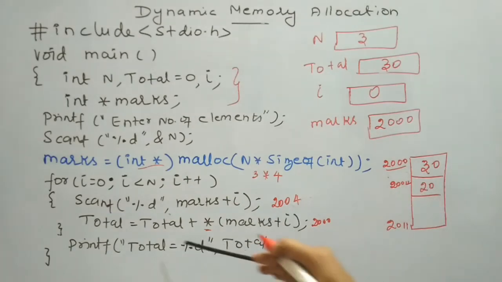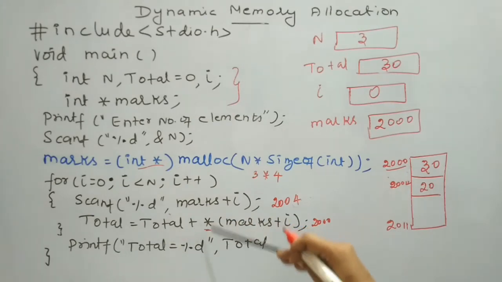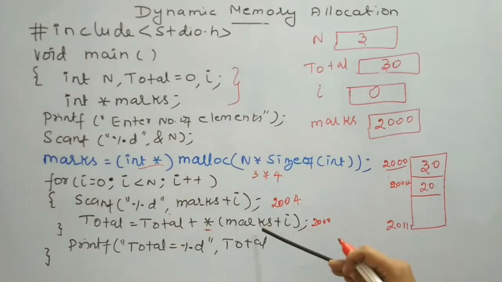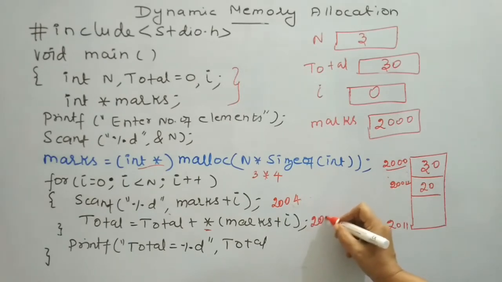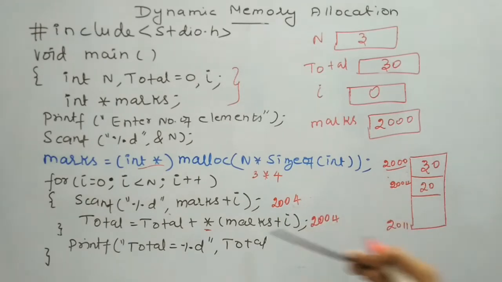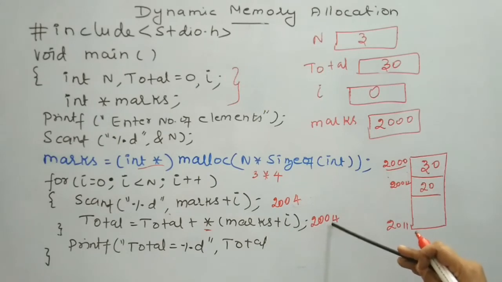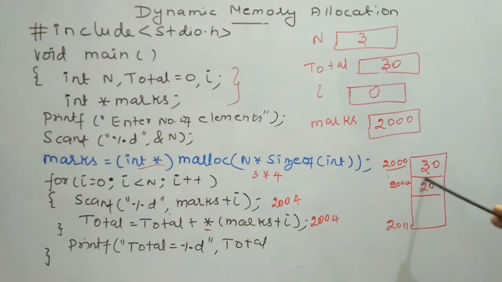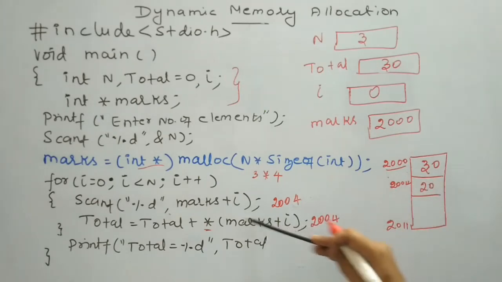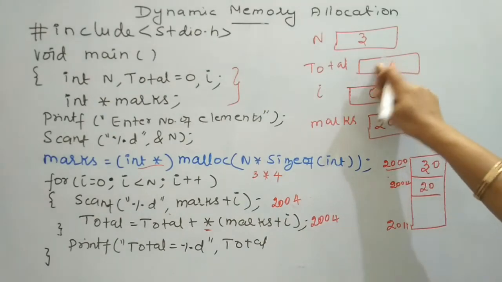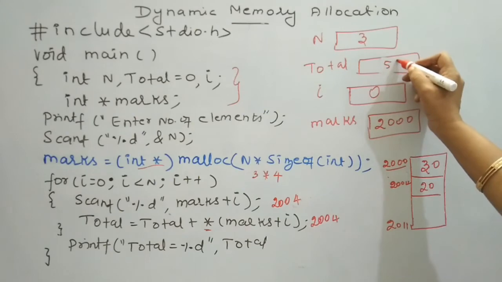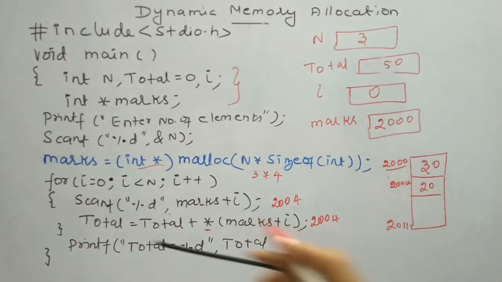The next statement is total is equal to total plus star of marks plus I. Now marks plus I is 2004. The indirection operator gets the value in memory address 2004, that is 20. 20 is added to total. Already total has the value 30, and along with 30, 20 is added. Now total becomes 50. Again control jumps back to the starting point.